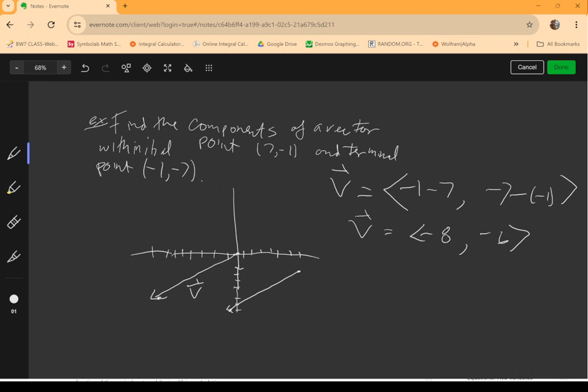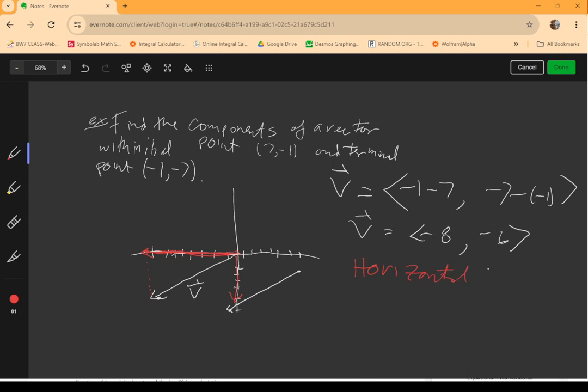All right, so when we look at the horizontal components and vertical components, we're looking for these components here. Really the way we can pick them off is just from our vector in standard position here.